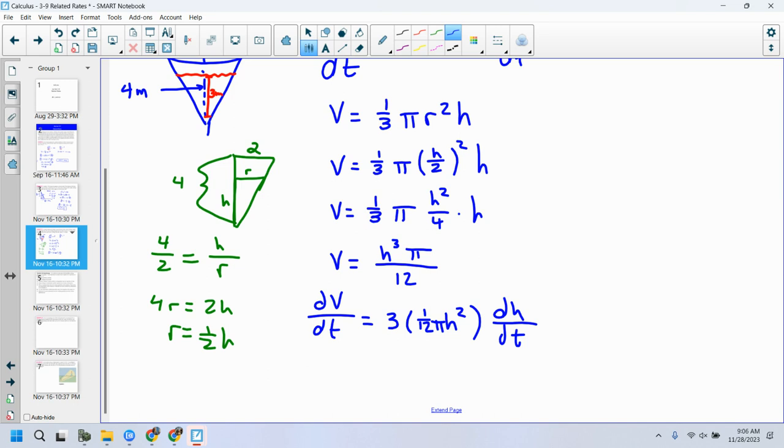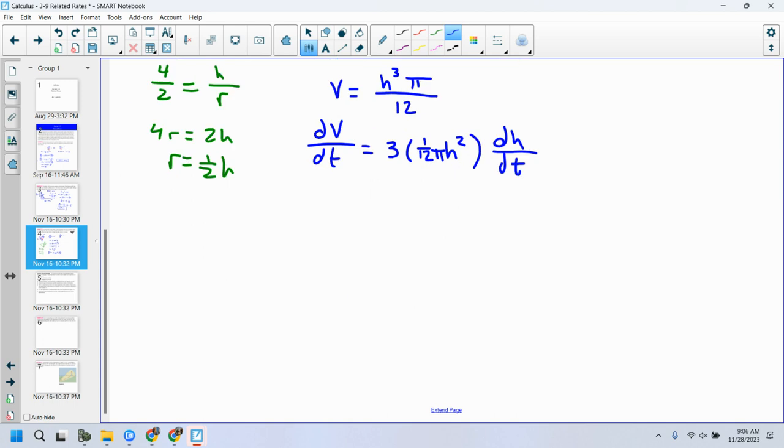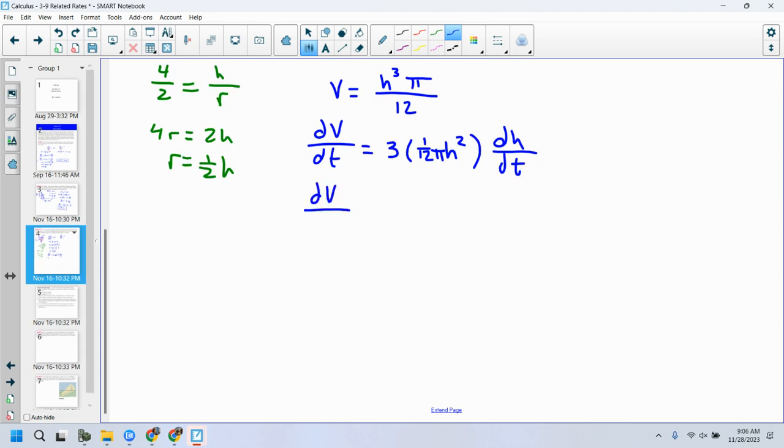This 1/12 is just that divided by 12. I brought the pi out as well because, again, it's just a constant, just a number. I reduce the exponent by 1, and then I multiply on a dh dt. Okay, let's reduce that a little bit. So dv dt is a 1/4 pi H squared dh dt.